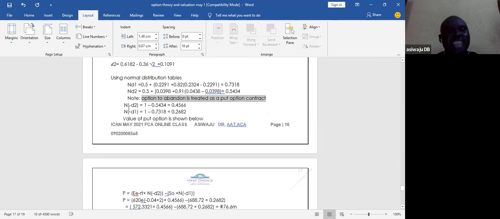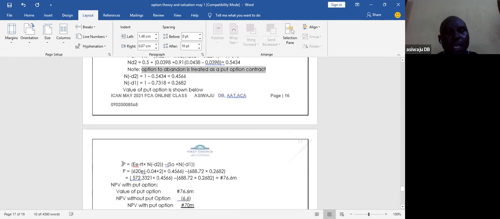If you recall the formula for valuing a put option contract, the formula is E, the exercise price, exponential minus RT, multiplied by N(-D2), minus S0 multiplied by N(-D1).